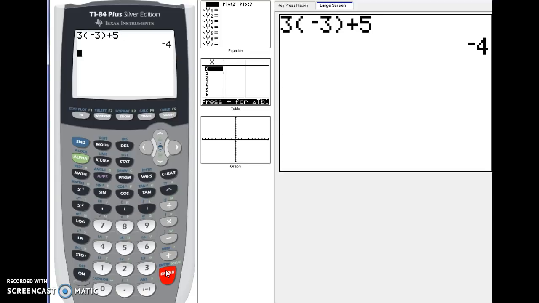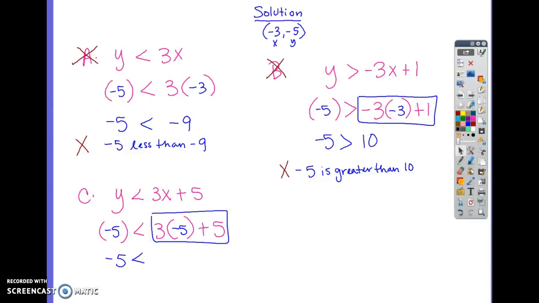That gives me -4. Okay, so let's read this statement. It says -5 is less than -4. Is -5 less than -4? Is -5 smaller than -4? Yes, that is a true statement. The answer is C. But let's check D just to make sure.